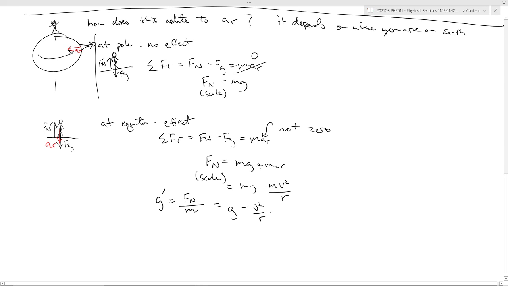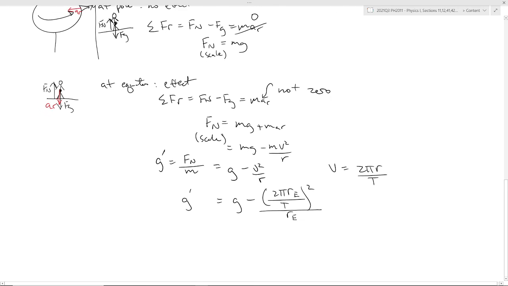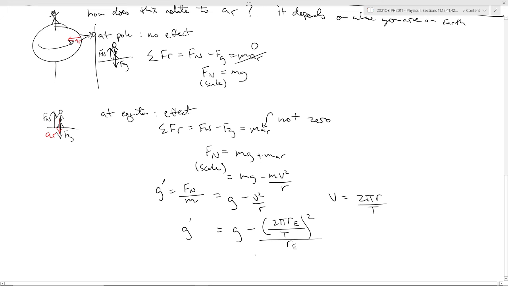Okay. And we can put in some numbers. We have to substitute in what v is in terms of T, but we know that v is just 2 pi R over T. So let's put that in. g prime is going to be g minus 2 pi R, the radius of the Earth, over the period, quantity squared, divided by R. You can see here we'll get a factor of R that's going to cancel, and we can put all our numbers in here.